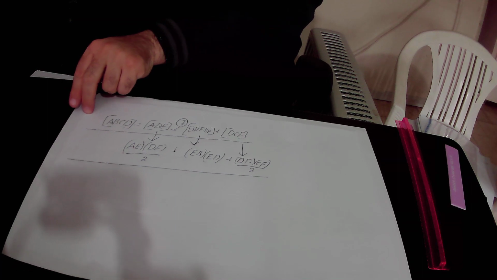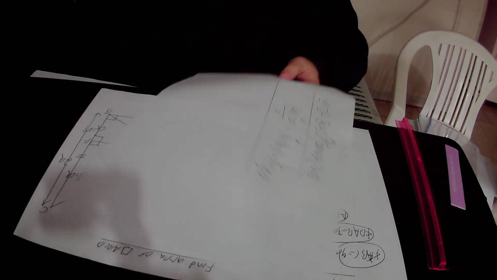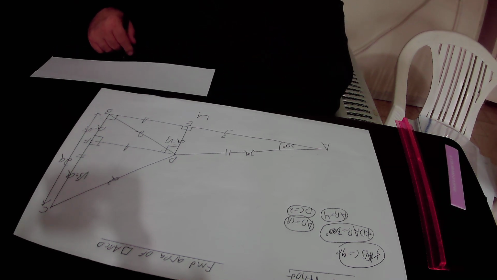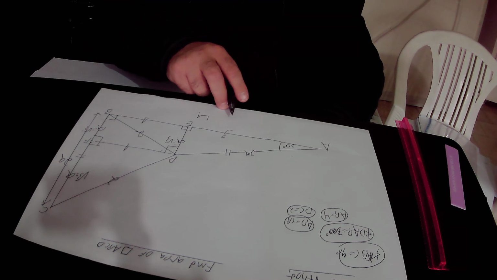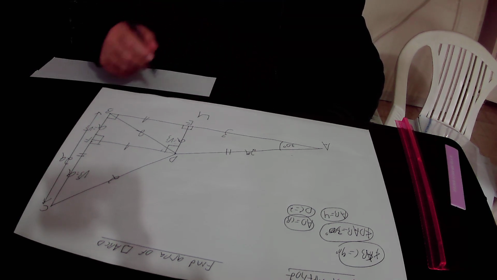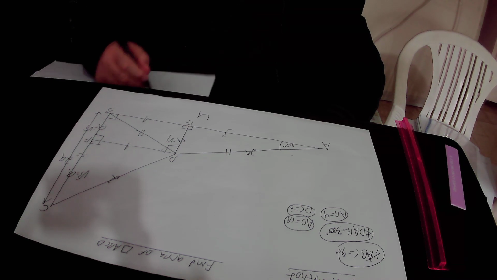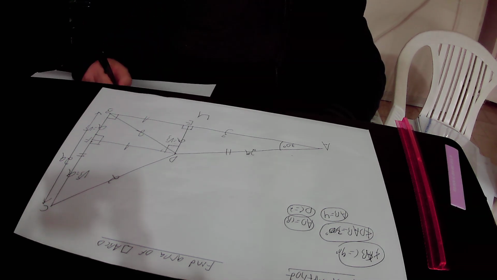Okay, so the area of triangle ADE equals AE, which is 3 units, times DE, which equals square root of 3 units, over 2.